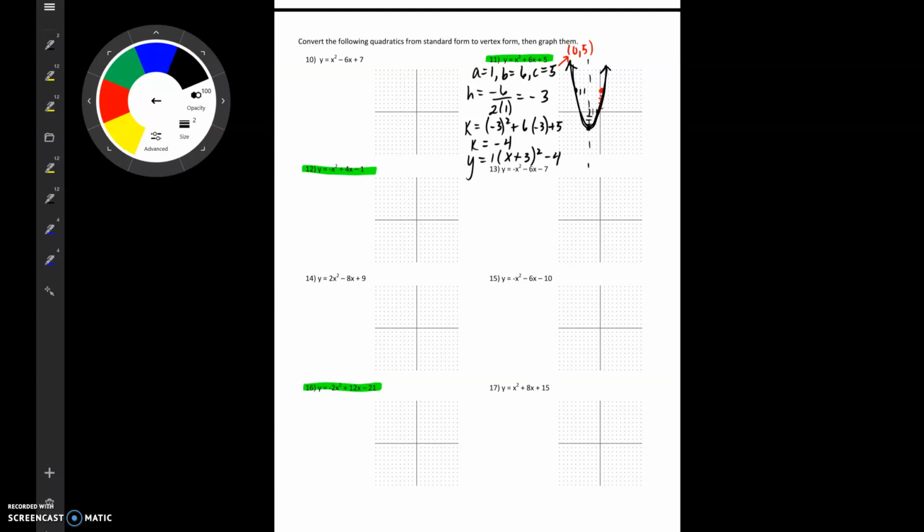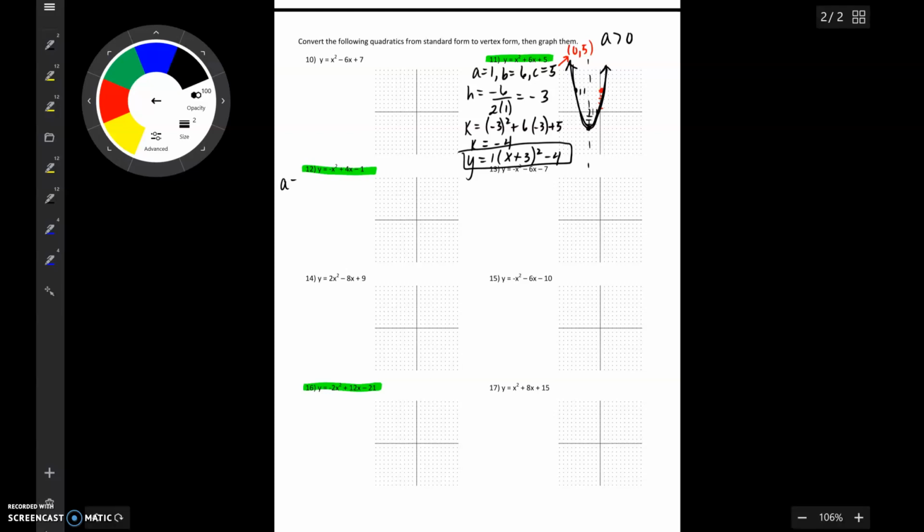Now when you check your work, if you picked another value to plug in, that's totally fine. Just make sure that you plugged it in properly, and it would be a point that falls on the graph that I have there. I also know, as a quick check, A is positive. So when A is greater than 0, I know that my parabola needs to open up.